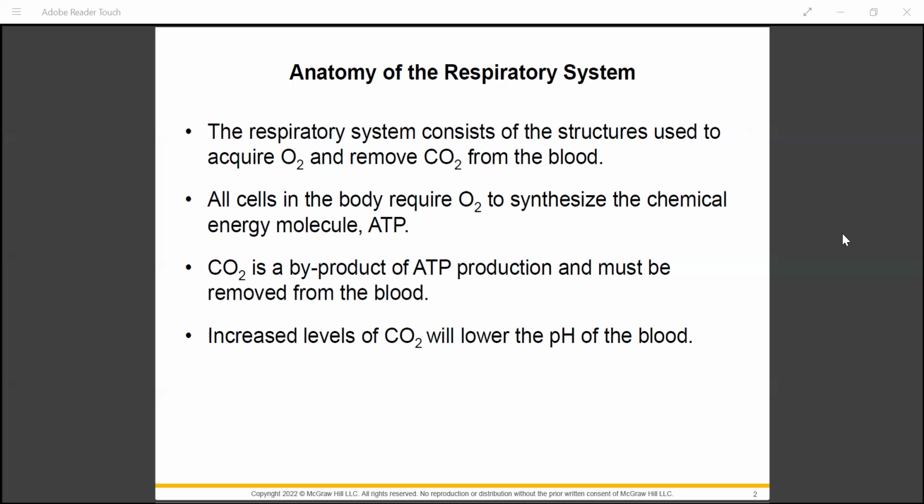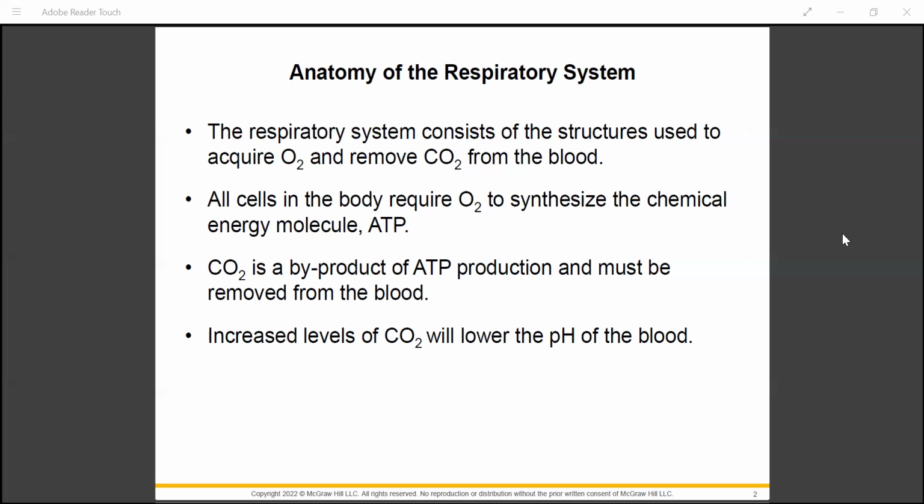Part of the reason we need to get rid of carbon dioxide is because if we have a buildup of it, it is going to make the pH lower. So think for a second if that means it's more acidic or more basic. Correct, more acidic. Remember, we talked about the homeostasis and equilibrium of the body being very finicky and important to maintain.